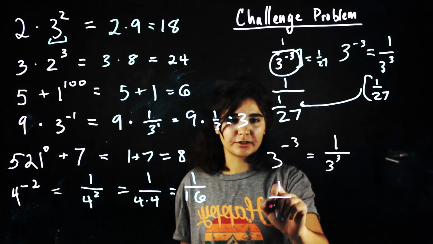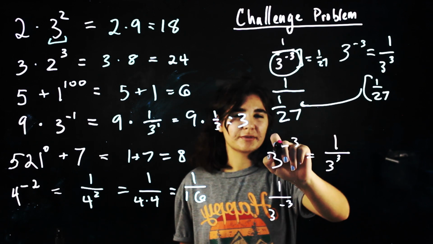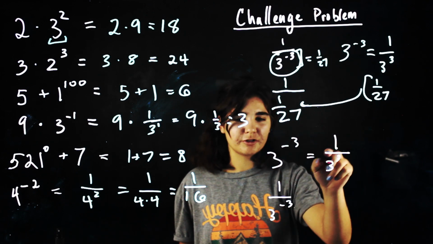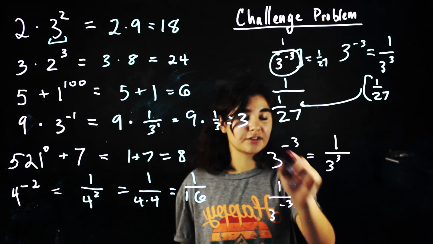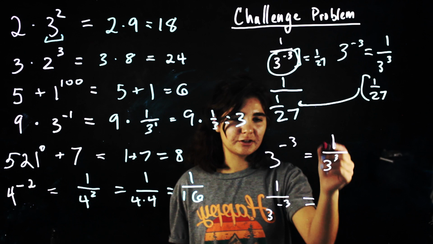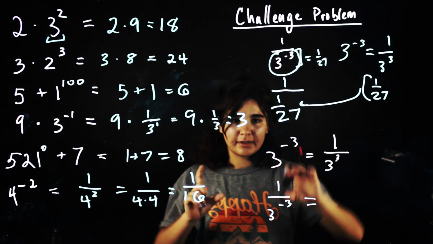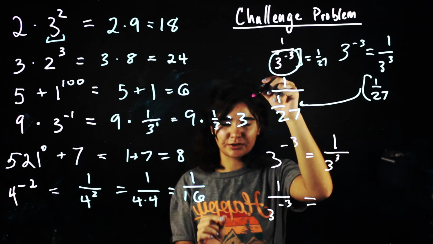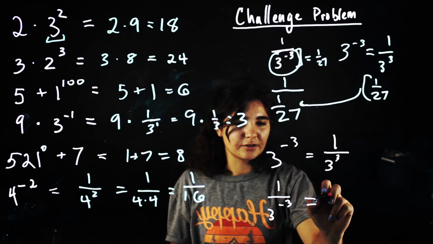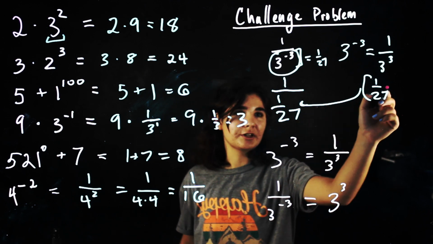See how we flipped this sign and put it in the numerator? In the denominator, all we're doing is flipping this sign and putting it in the numerator. So whenever you have a negative, all you have to do is flip the sign and switch whatever position it is. So this is just going to be a regular 3 to the 3, which we know is 27, which is what we got here.